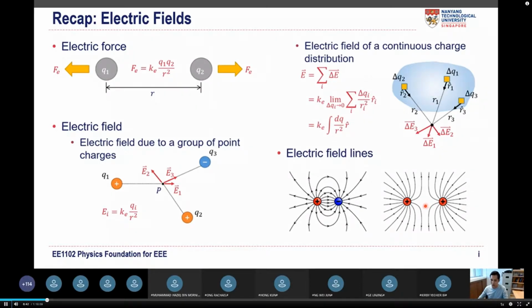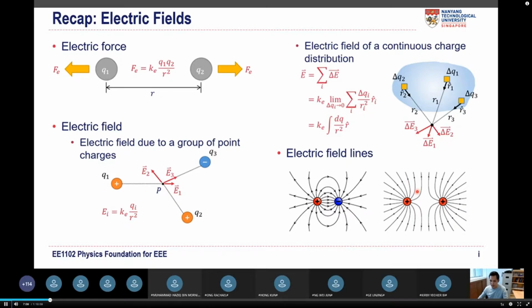What these lines indicate is, if I put a very small positive charge here, in which direction the charge will move, and how much force will act on it. The strength of the electric field at a location depends on how densely populated these arrows are.